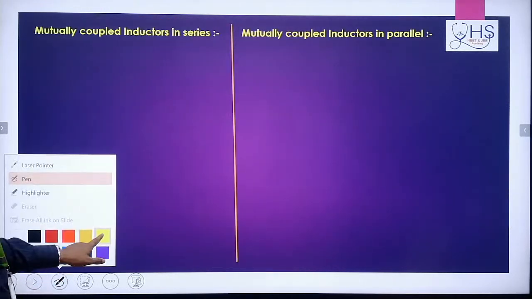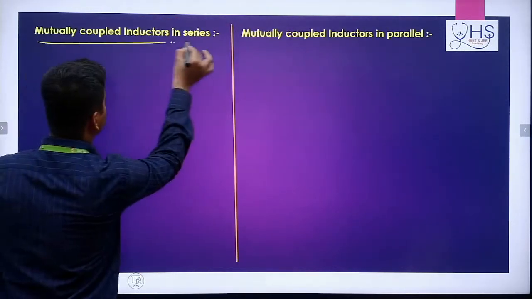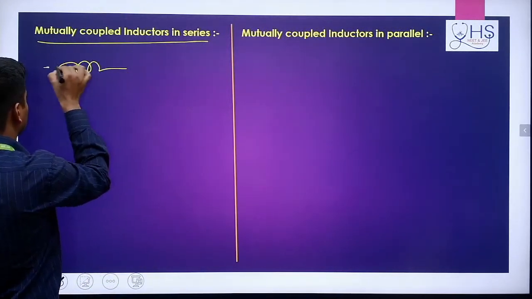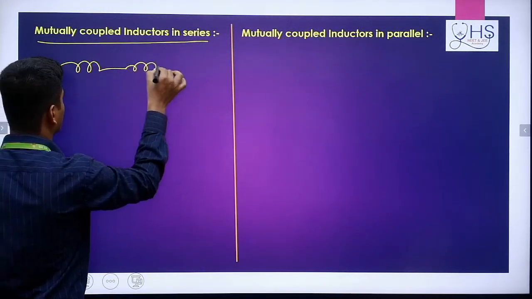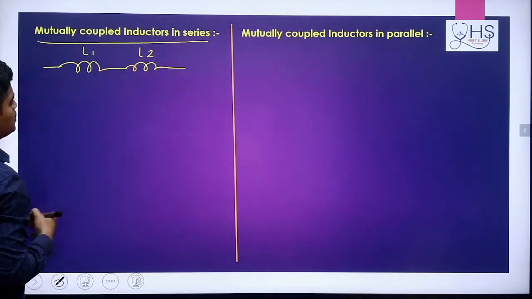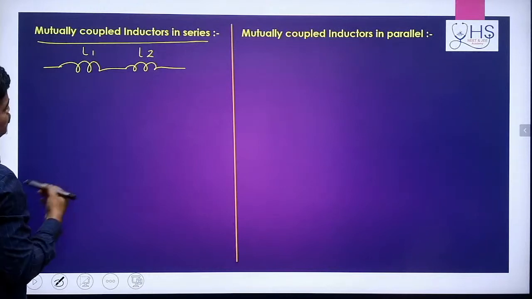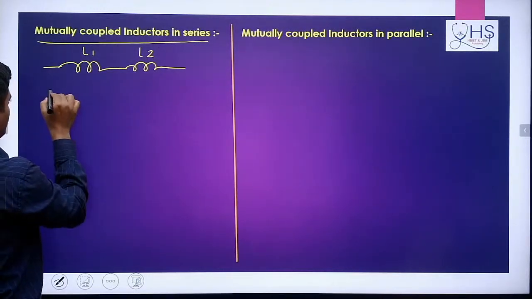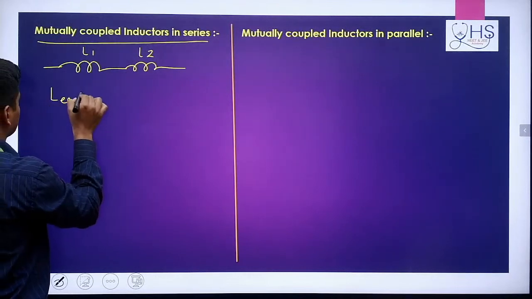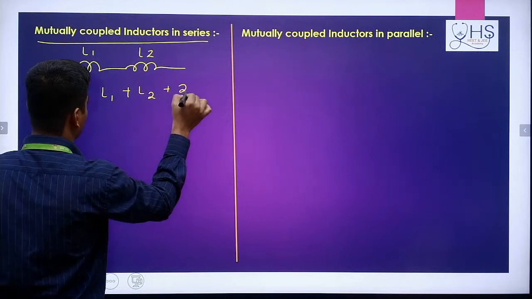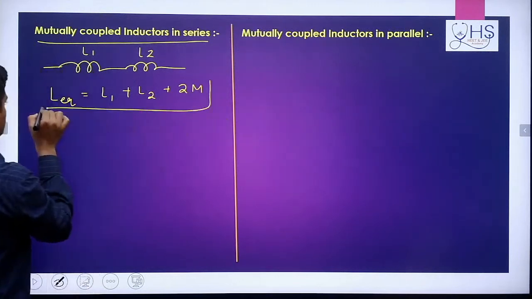So mutually coupled inductors in series. What are they telling? I have two inductors in series, L1 inductor, L2 inductor. Here, mutually coupled inductors in series, then your L equivalent will be L1 plus L2 plus 2 into mutual inductance.